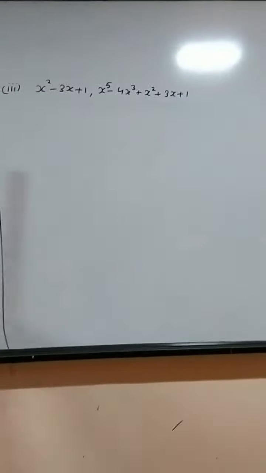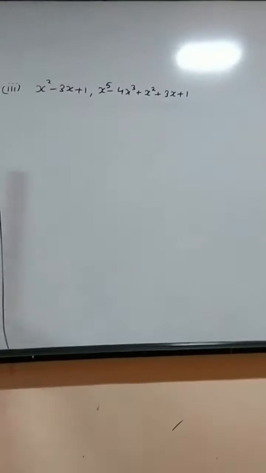Minus 16 plus 4 is minus 12, plus 12, 0. So in all the cases, the answer is 0. Therefore, they are the factors. Therefore, 1/2, 1 and minus 2 are zeros of p(x).